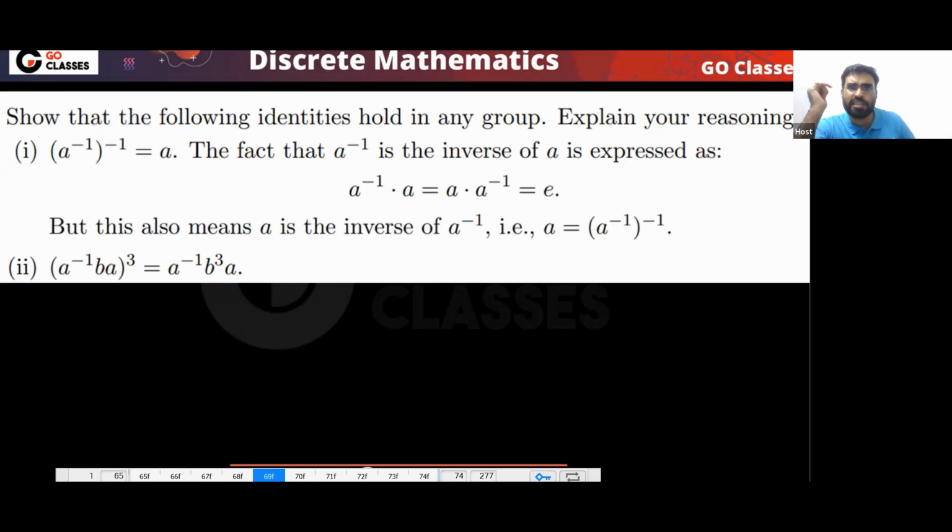A inverse whole inverse, that is A. Just tell me this point. How will you prove this? In a group, can we prove that A inverse BA whole cube is equal to A inverse B cube A? How to prove it?